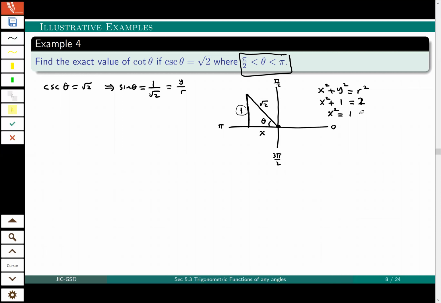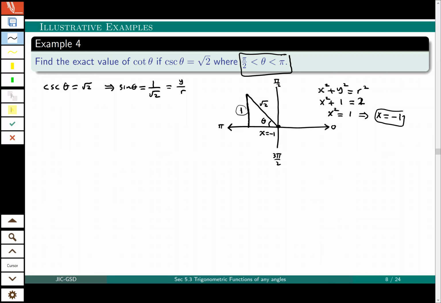Now, be careful here. When we say x squared equals 1, our x must be -1. Why is it -1? Because we are in quadrant number 2. In quadrant number 2, the x is negative. So that should be equal to -1. Before you go to your calculations, always remind yourself to check the common sense direction.